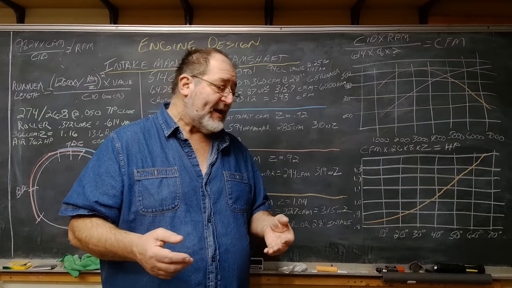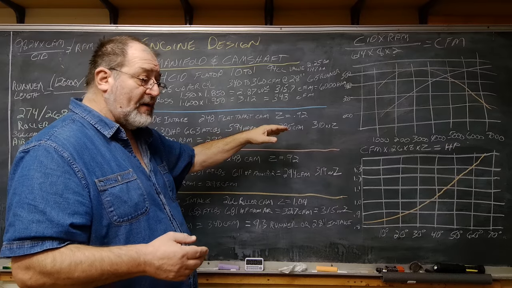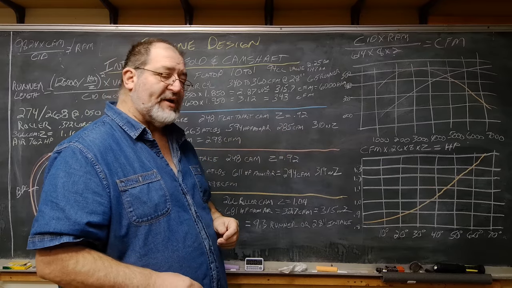It does a little better on these types of heads because it's a slightly raised runner. But it still is a flow in the runner of about 300 CFM. So that limited us just a little bit because we had 315 and we only used about 300 of it.